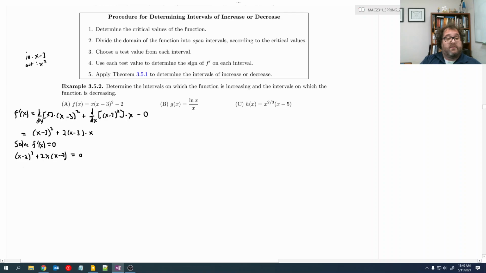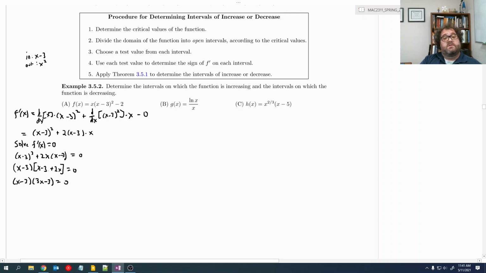Factor. I'm going to factor out an x minus 3, since they both have an x minus 3 in common, which leaves me with x minus 3 plus 2x inside our brackets. If we simplify this, we get x minus 3 times 3x minus 3 equals 0.